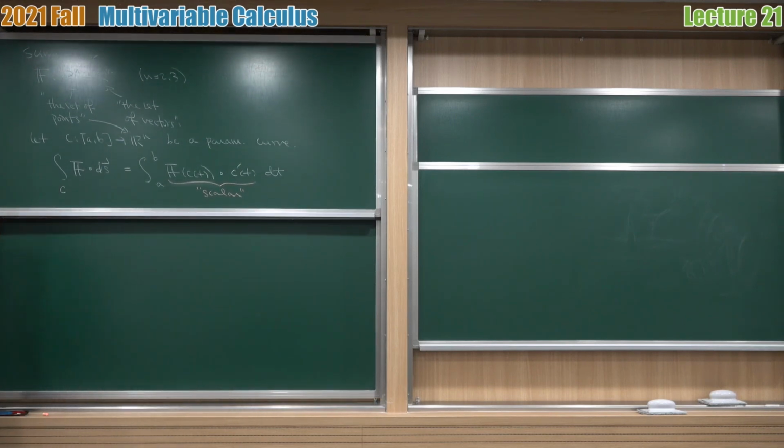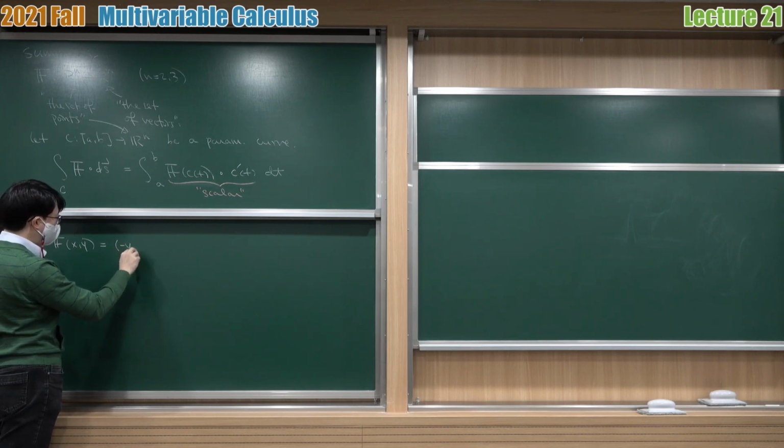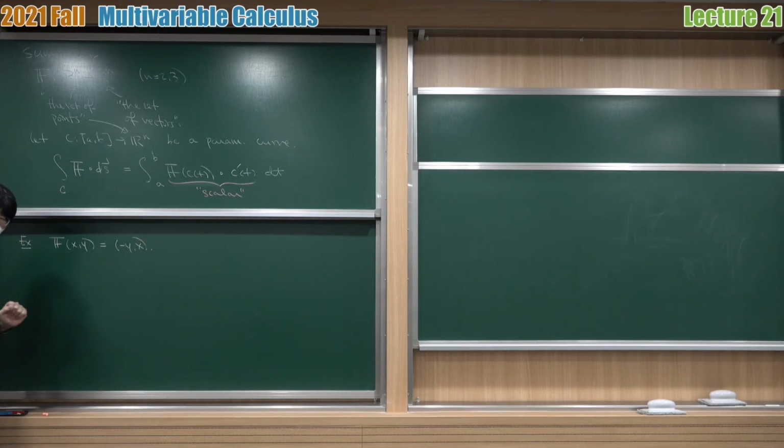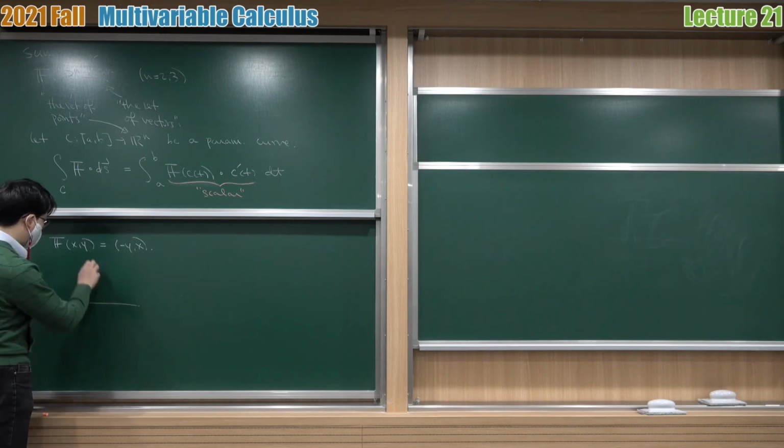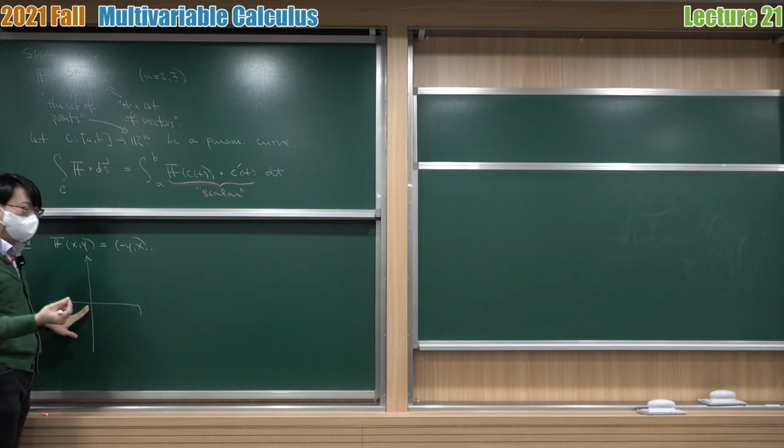Okay? So for example, let's say I have a vector field f(x,y) equals (-y, x). This is a nice vector field, meaning that if I have (0, 0), then I have no vector, the zero vector.